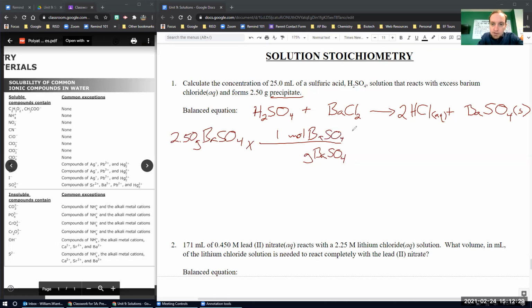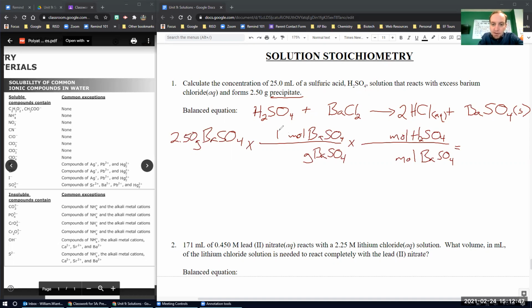Okay, what we want to solve for is the concentration of sulfuric acid. So we need to get out of barium sulfate and into moles of sulfuric acid, H2SO4.